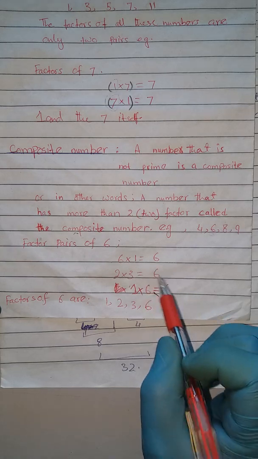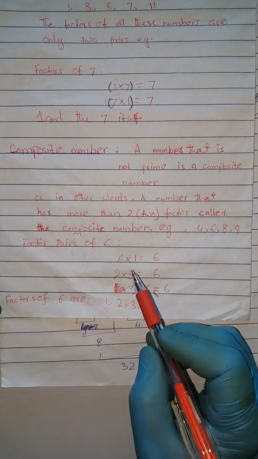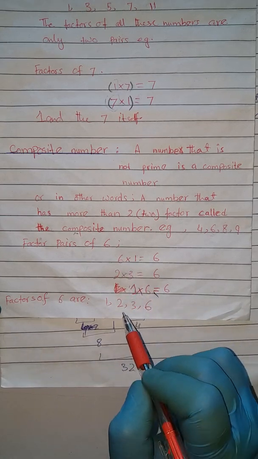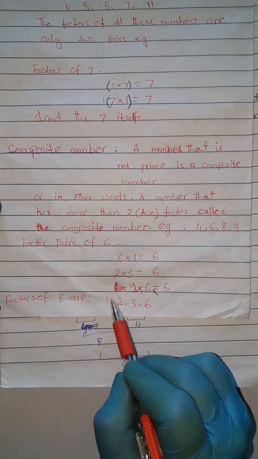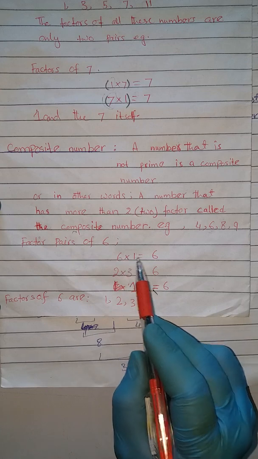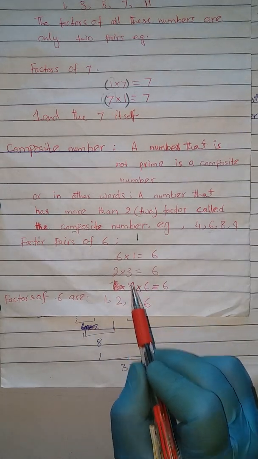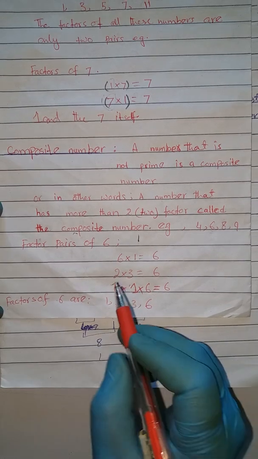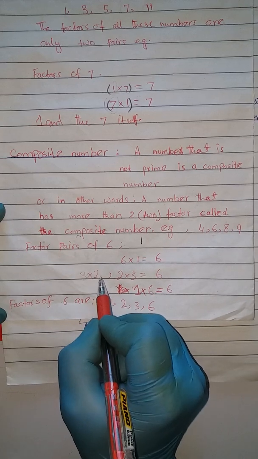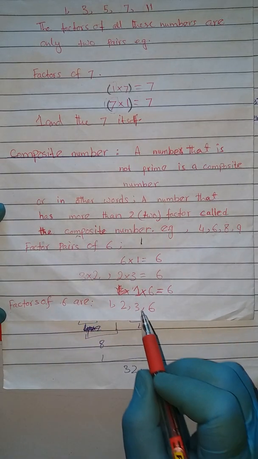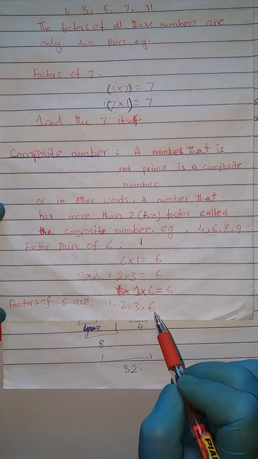So now from these pairs we can make the factors. कौन कौन से factor बन सकते हैं? We will write the factors from these pairs in ascending order. So the smallest one is 1. ठीक है, कौन सा इन सब में छोटा factor है? It is 1. Next is 2 and then 3. 3 is also a factor of 6. 2 multiplied by 3 is a pair and 3 multiplied by 2 is also a pair. ठीक है, so 1, 2, 3 and 6 itself.